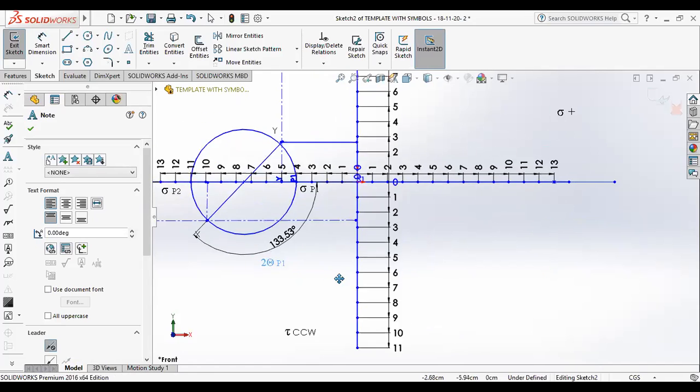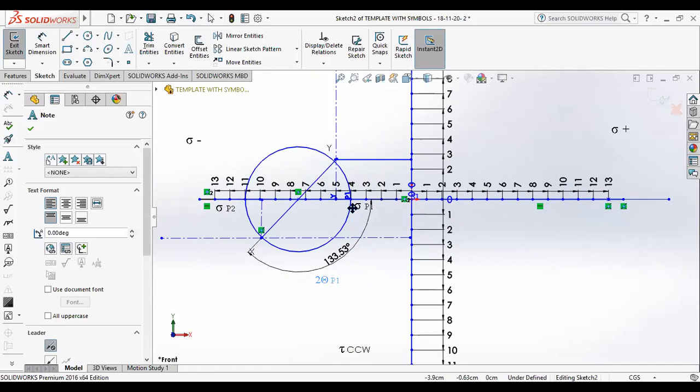Then sigma p1 is minus 40 MPa, sigma p2 is minus 110 MPa.